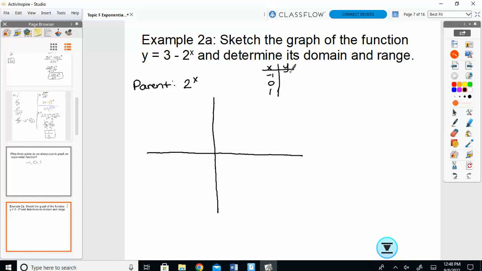What's 2 to the -1 power? 1/2. What's 2 to the 0 and 2 to the first? So we have -1, 1/2, 0, 1, and 1, 2.